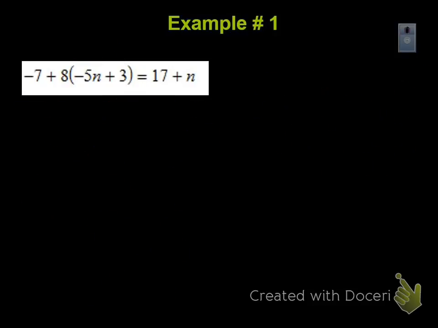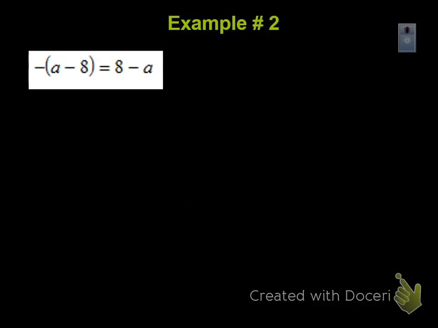All right, let's go ahead and move on here to example number 2. Finding out whether this has one solution, many solutions, or no solution. So I'm going to draw that line, make sure that I keep my two sides equal. Now when I take a look here at example number 2, I notice that there are parentheses, so I want to start by getting rid of those.